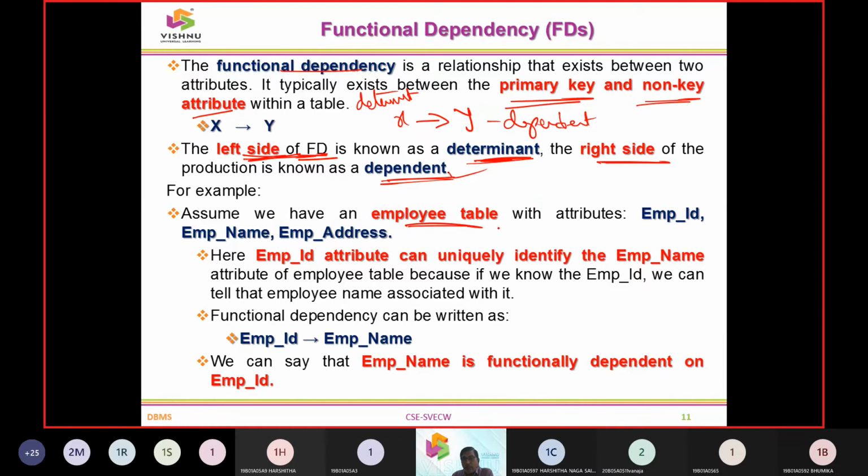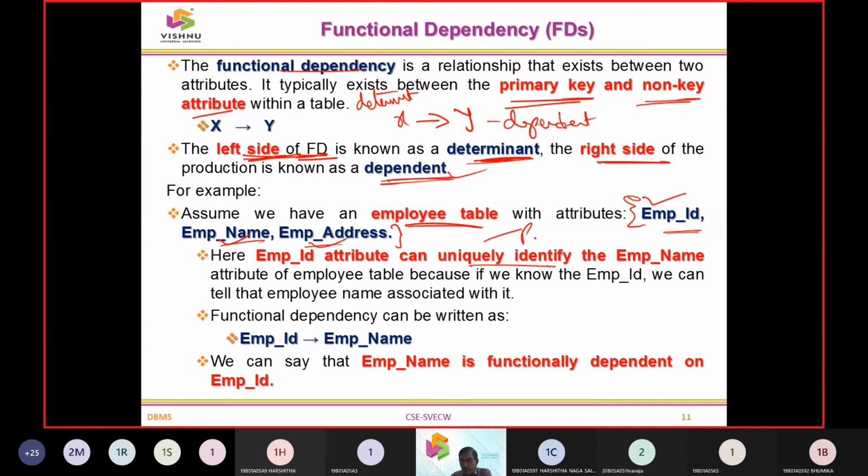Next one. Let us see the example here. Assume that we have an employee table with attributes employee ID, employee name and employee address. Here employee ID can be uniquely identified.